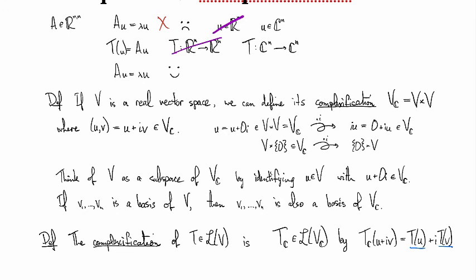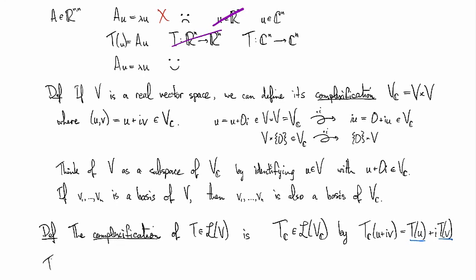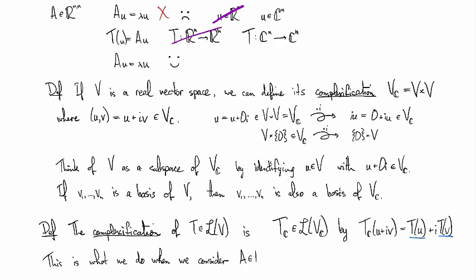And so this is exactly what we do when we consider a real valued matrix as something that we can multiply against some complex vector, right?